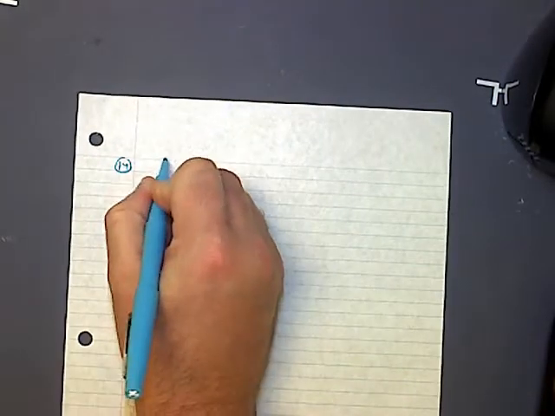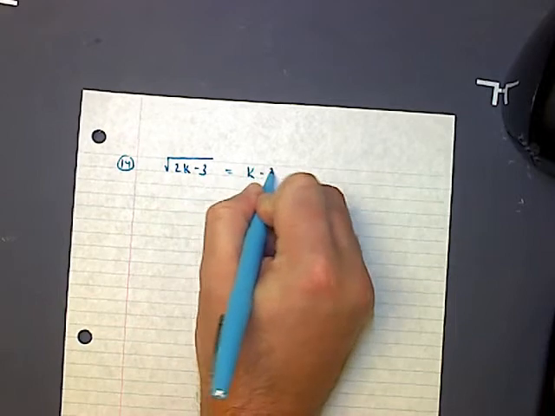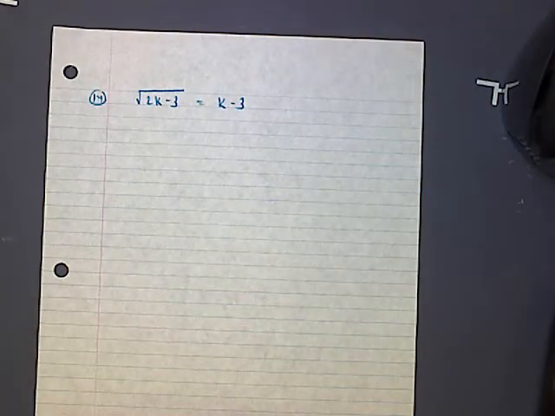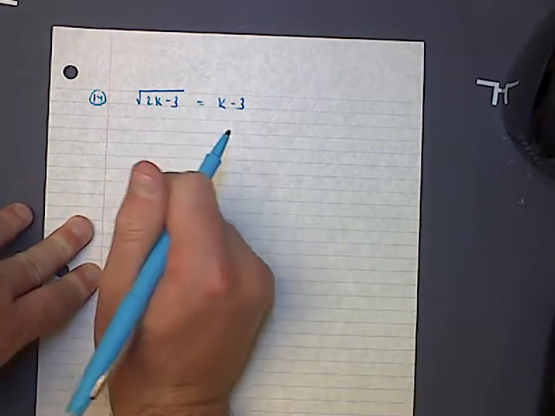Alright, let's look at number 14. We have the square root of 2k minus 3 equals k minus 3. Okay, this is a radical equation. In a radical equation, you want to isolate the radical.